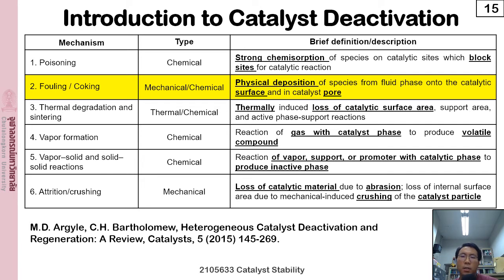But importantly, the coke, the coking species which comes in from the reactants, can propagate to form a larger size of coke. And in higher quantity, these cokes can cause pressure on the catalyst pore.